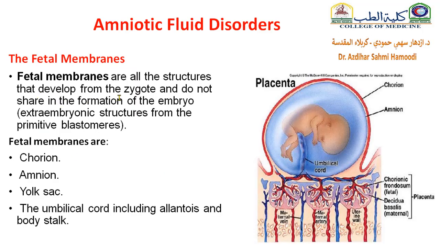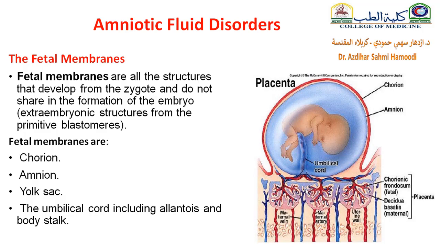Fetal membranes. Fetal membranes are structures that develop from the zygote and do not share in the formation of the embryo. That's to say they are extra-embryonic structures from the primitive blastomeres. This picture shows you these two layers: the outer thicker layer called the chorion, and the inner thinner layer called the amnion, that cover and surround the amniotic cavity.